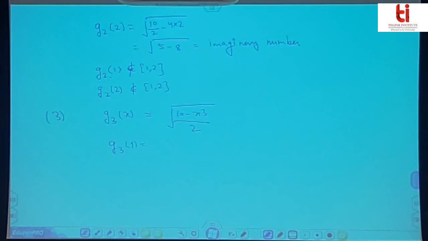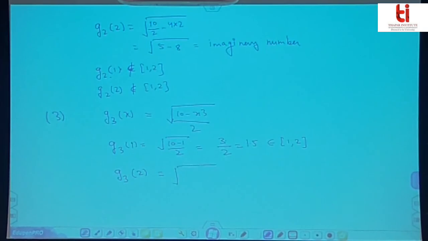That is square root of (10 minus 1) upon 2. This value is coming out to be 3 upon 2, that is 1.5. The value is lying inside the interval 1 to 2. Okay. The first value is lying inside the interval. Now the second value we will check. What is g3(2)?